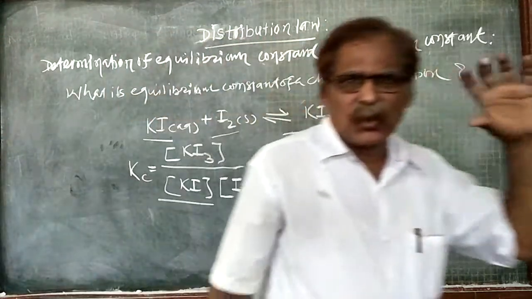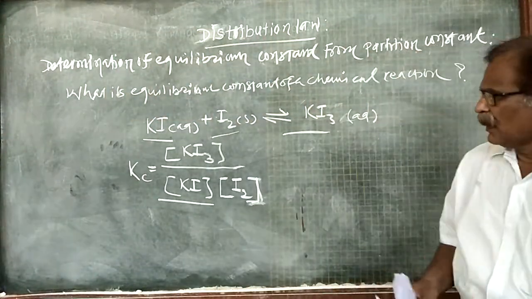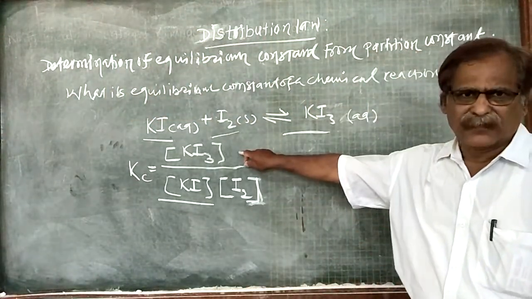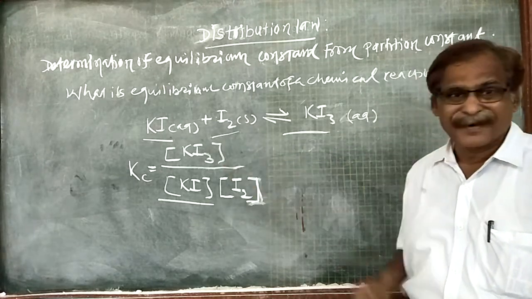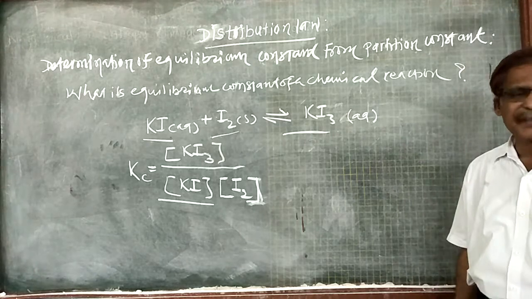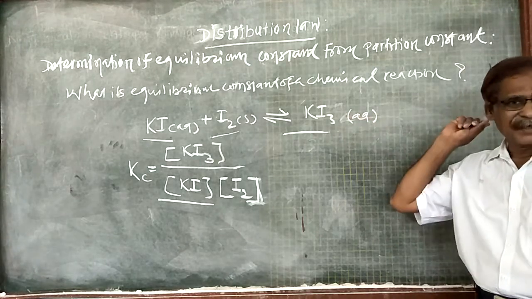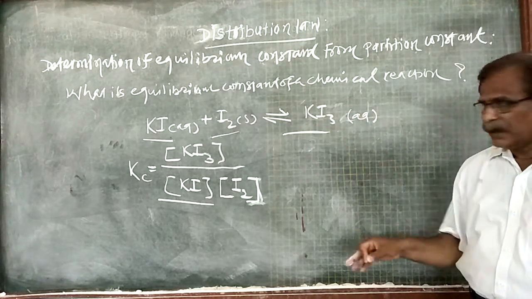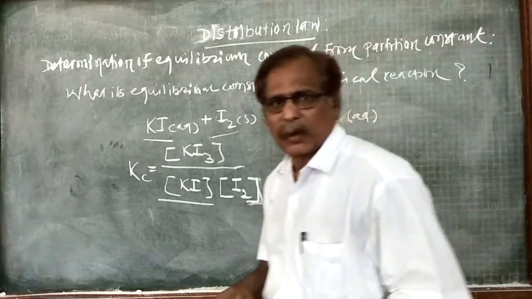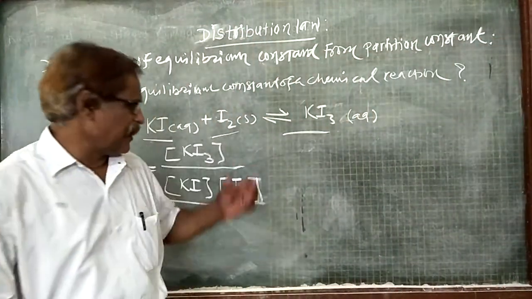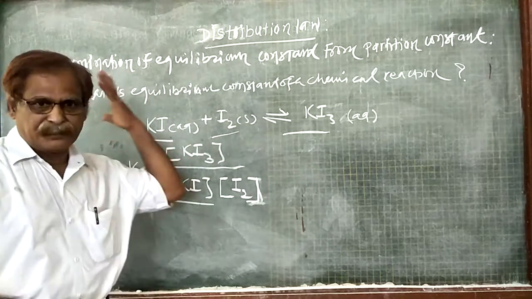Once we know the concentration of the product formed at equilibrium and the concentration of unreacted reactants, in this case potassium iodide and iodine, we get very easily the equilibrium constant Kc.